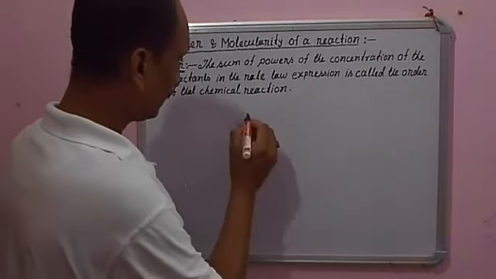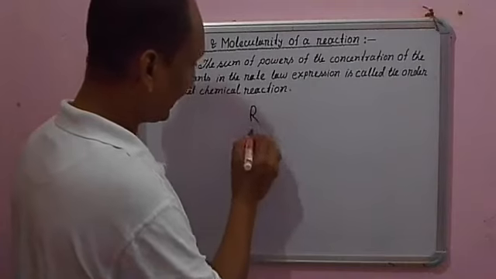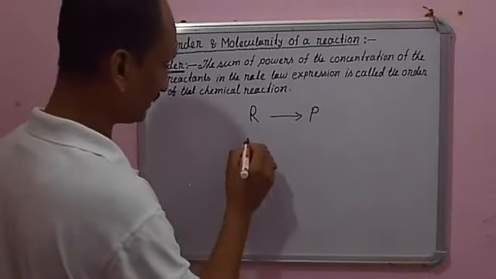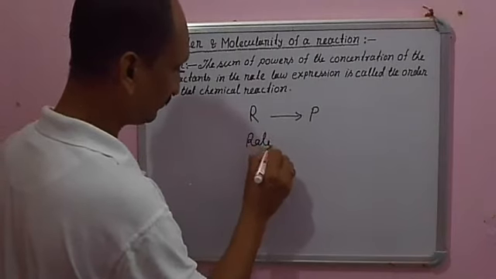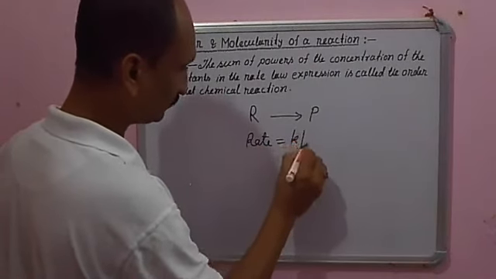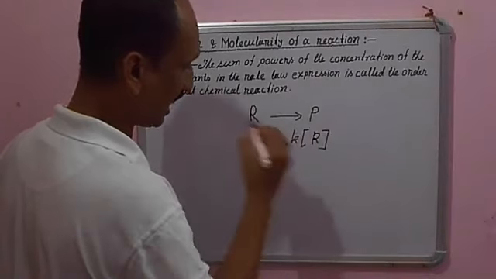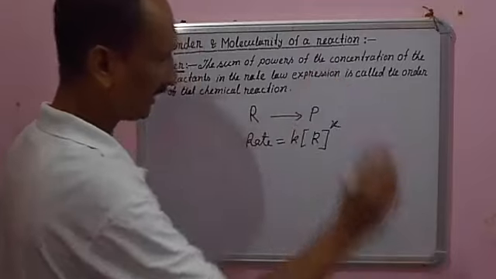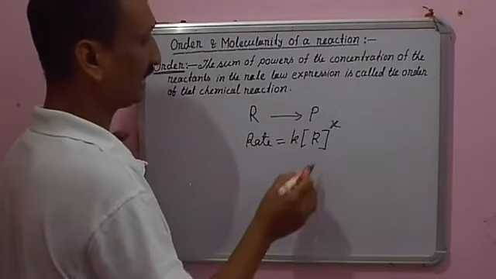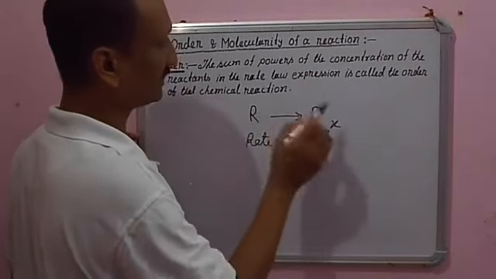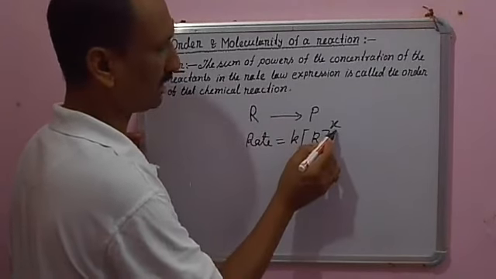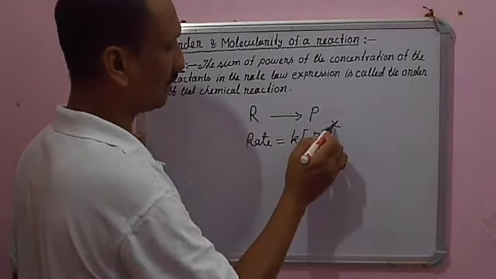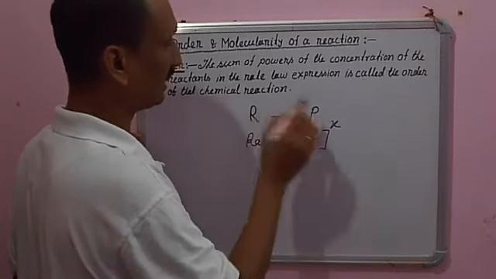Say if the reactant R gives the product P, then the rate law is expressed as rate equals K concentration of the reactant R raised to some power X. So here this X will be the order of this reaction, means whatever the power to the concentration of the reactant, that power will be the order of the reaction.